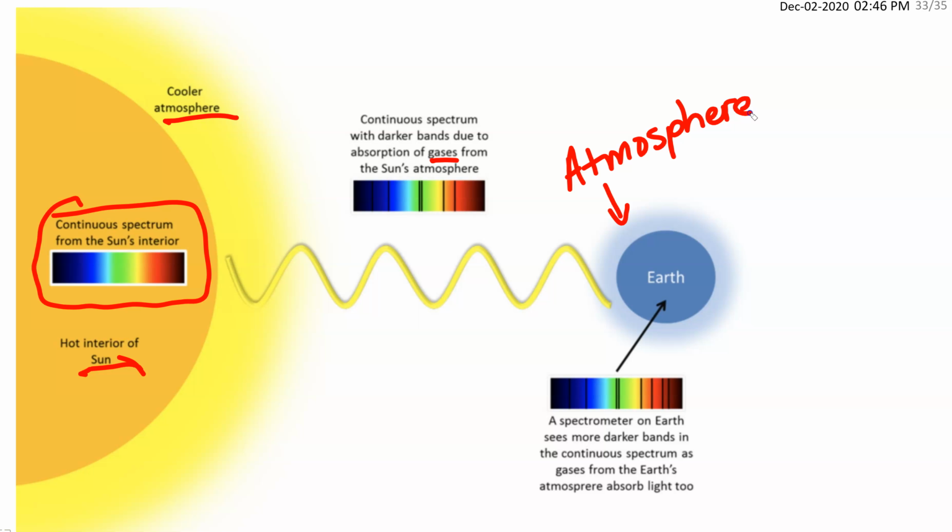Okay, so basically, if we take the absorption spectra on Earth, the on-Earth spectra, which I'm going to abbreviate, we subtract the gases, the Earth gases.